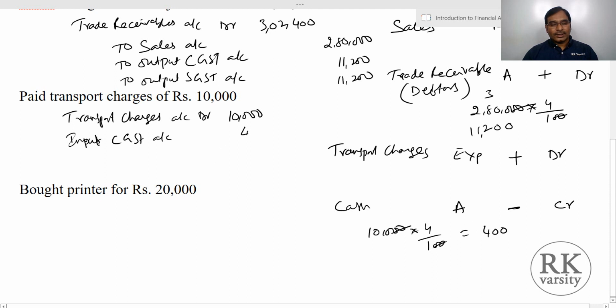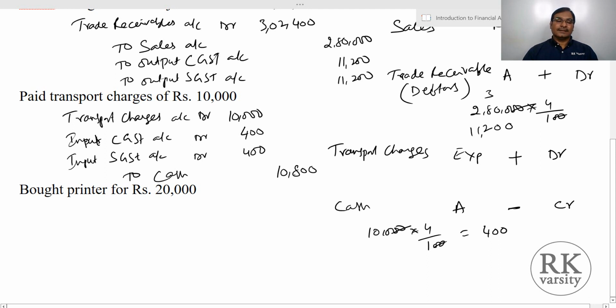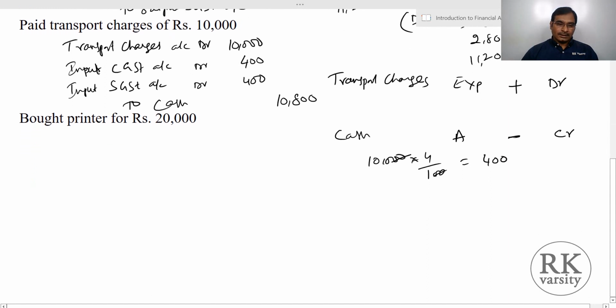So 400, and then input SGST account debtor, this is another 400, to cash. So cash is 10,000 plus 800, so 10,800 is the cash. This is related to the expenditure and adding your GST.